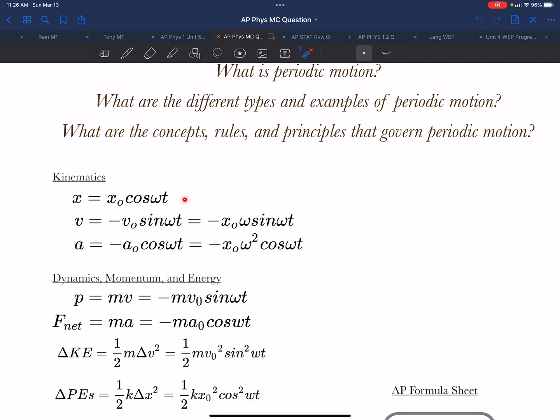Now we saw that these versions of the formulas we can easily arrive at by looking at graphs of the motion. For these, we arrived at those through using calculus.